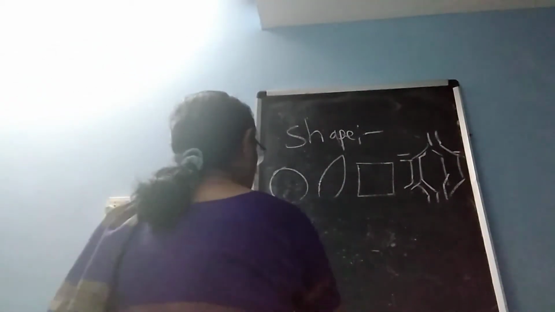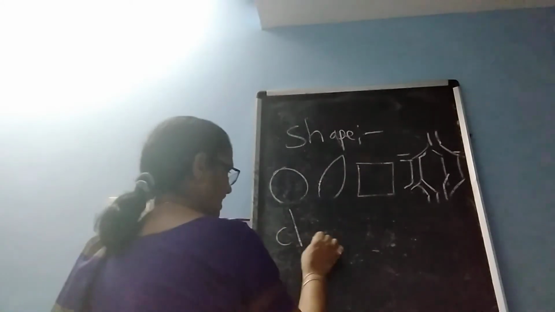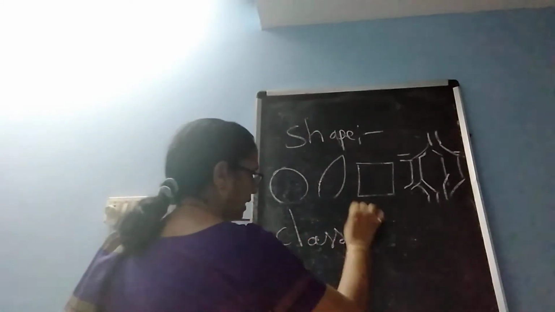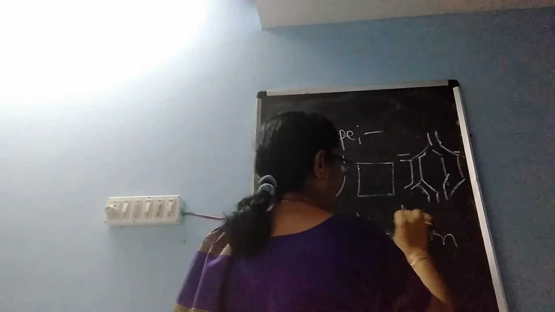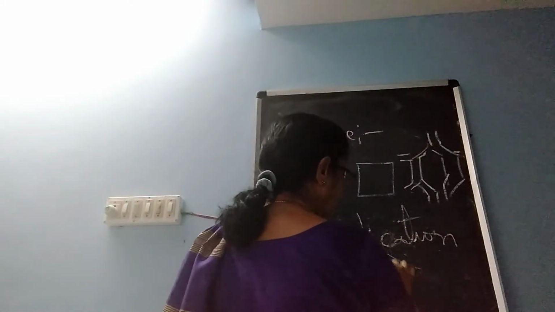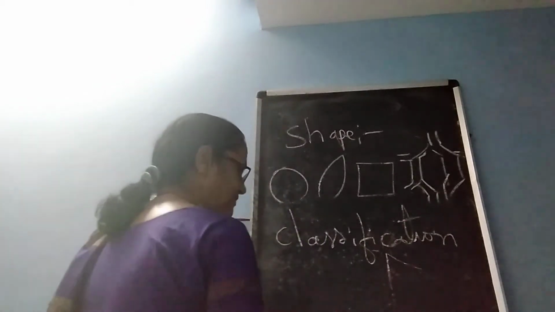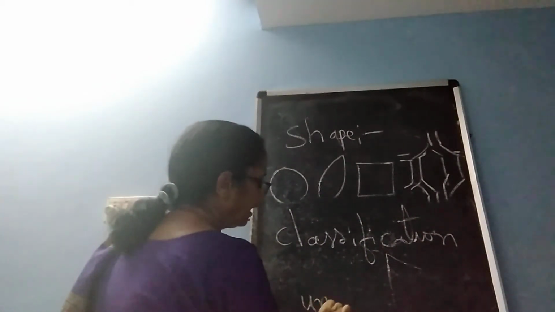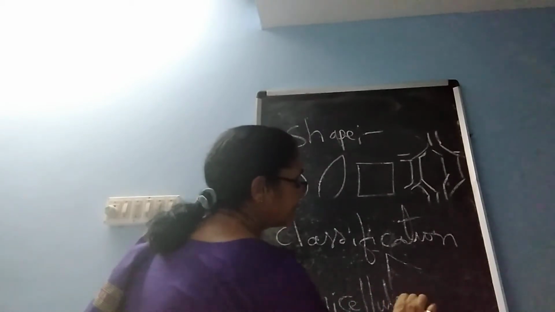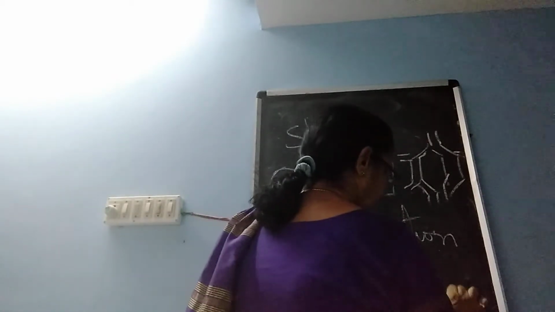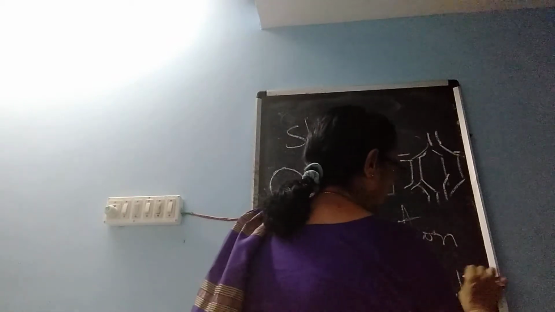Next one is the classification of the cell. Cells are divided into two types: unicellular organisms or multicellular organisms.